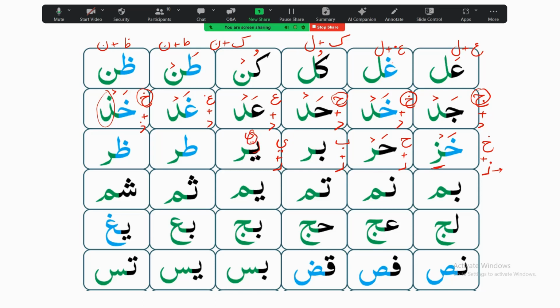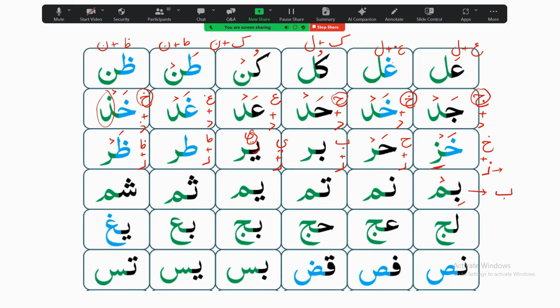Yeah, the dots are below. Ya and ra, yar. Ta and ra, tar. Za and ra, zar. The heavy za.